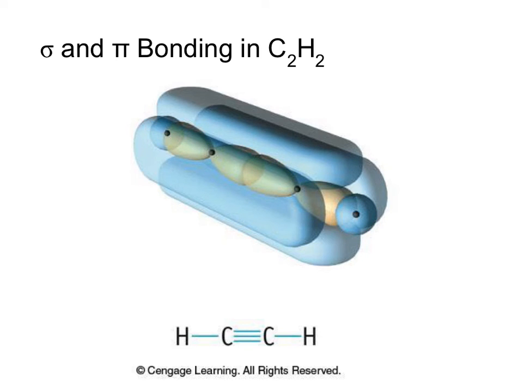We also have two different sets of pi bonds in this molecule. We have one here that is both above and below the plane of our molecule, shown here. We also have a pi bond that is located on both sides of the molecule.